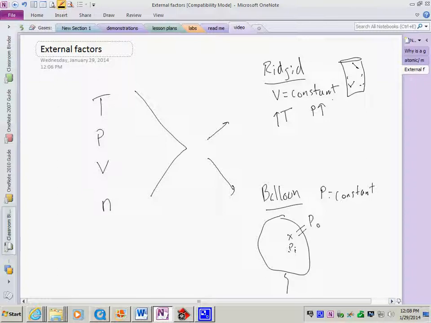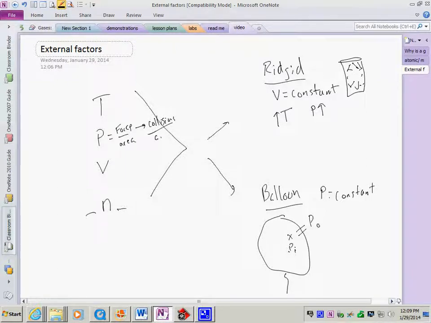At this point, I'm not going to really deal much with number of particles. We obviously would hope that you understand that if you add more particles to it, you get more collisions inside this thing, therefore you get more pressure. Pressure is defined as force per area, and force is legitimately created by collisions.